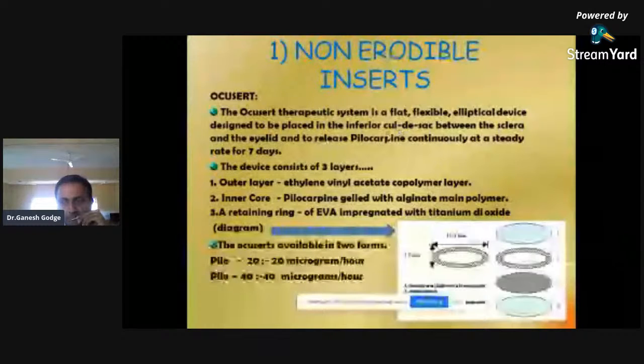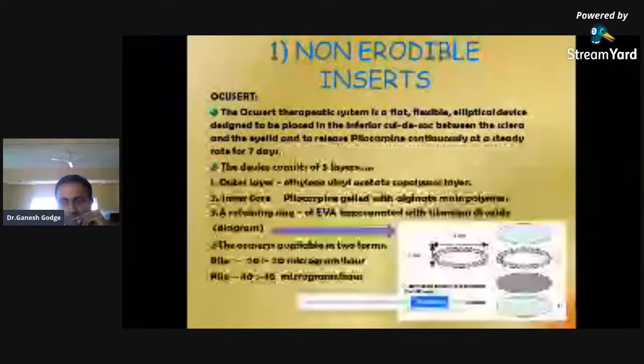Here they have shown this particular structure. The parts are numbered 1, 2, 3, and 4. 1 is your outer layer, 4 is your inner layer, 2 is your shape-retaining ring, and 3 is your drug core that is going to be captured within the vicinity of this ring.